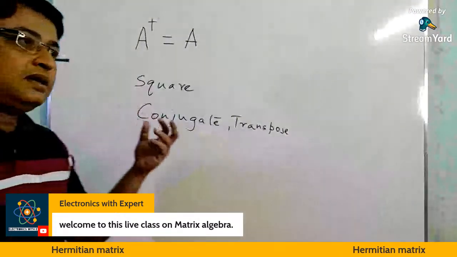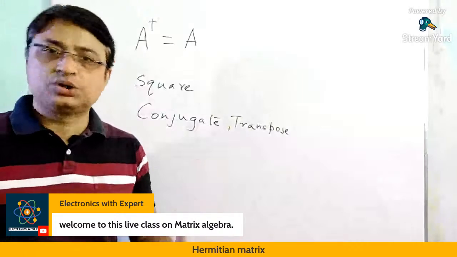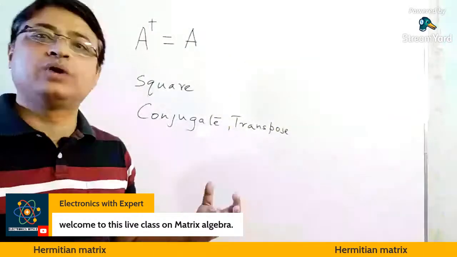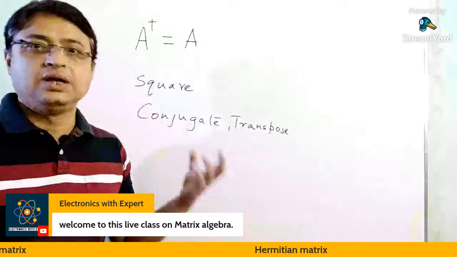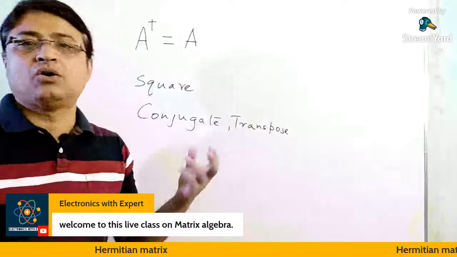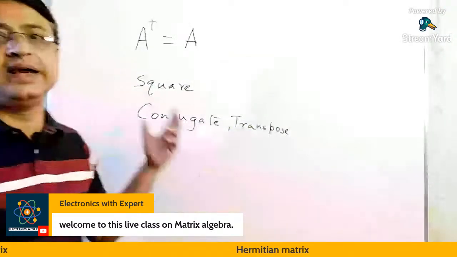If any matrix has equal number of rows and columns, then those type of matrices are known as square matrix. So an n cross n matrix, that is a 3 cross 3 or a 4 cross 4 or a 2 cross 2 matrix, is a square matrix.